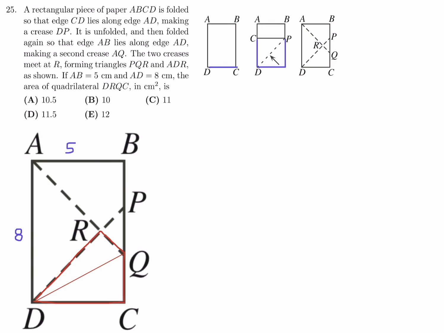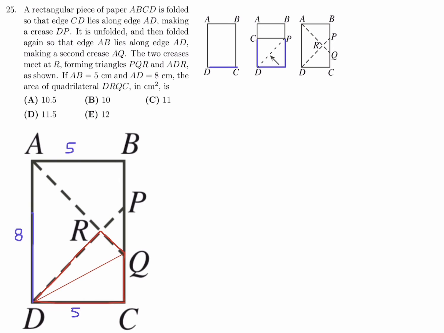So basically what that means is that since AB is 5, CD is 5, right? Because this is a rectangle. And when you folded it up and CD came up here, this was CD. If you look at it from that perspective, that CD is also going to be 5. Correct? So that means that from here to here is 5.